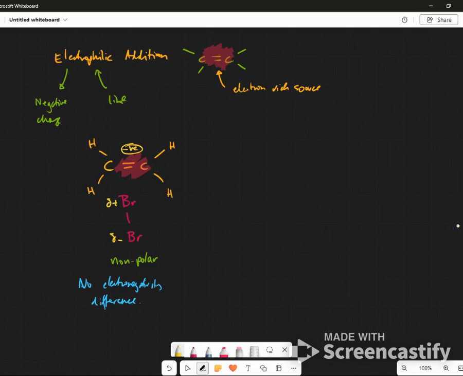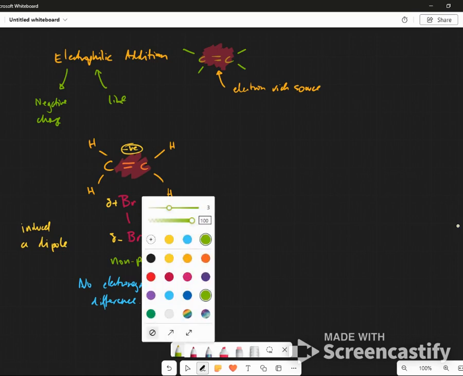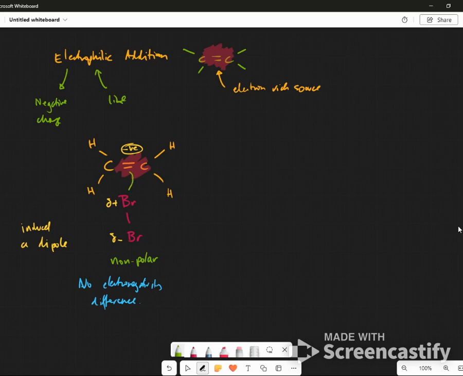Now what we've done to the bromine molecule is we have induced a dipole. And now what's going to happen? Well, the electrons here can't resist it, and they go out to capture this bromine because it's positive, and these electrons get scared away even more and go on there.